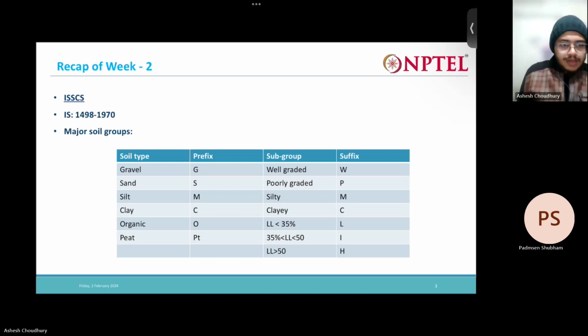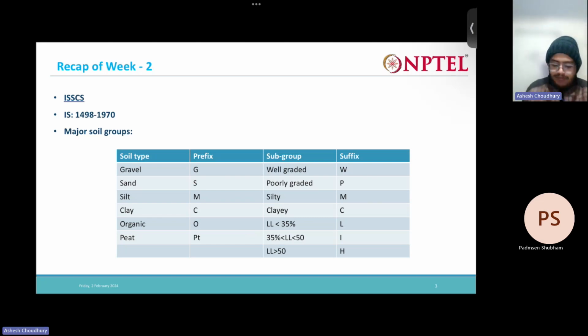Now, what are the major big groups into which we can classify the soil? Those are tabulated here. We have gravel, sand, silt, clay, organic soil, and peat. These are the prefixes.